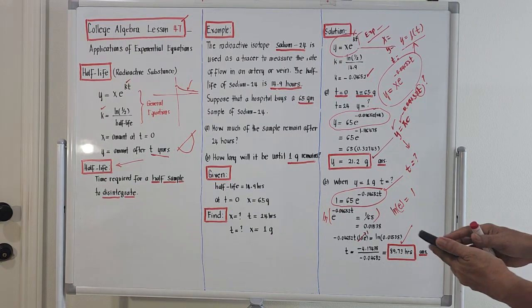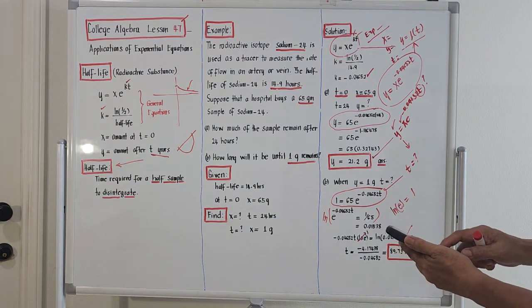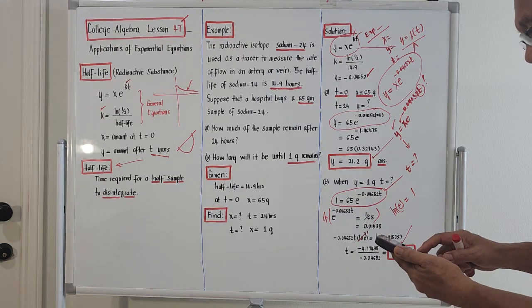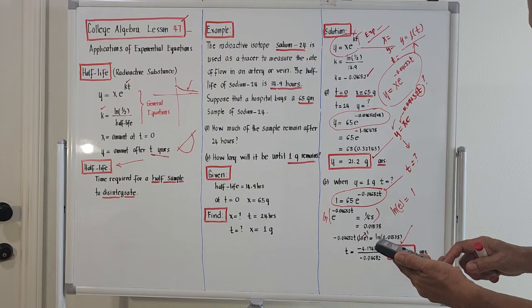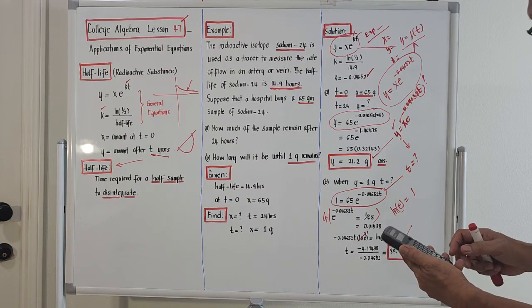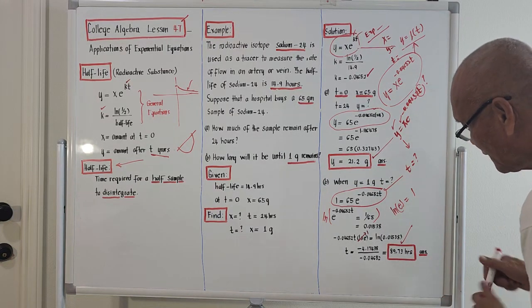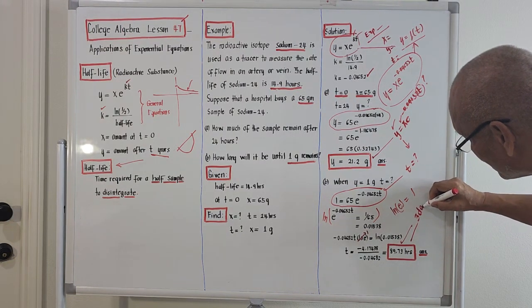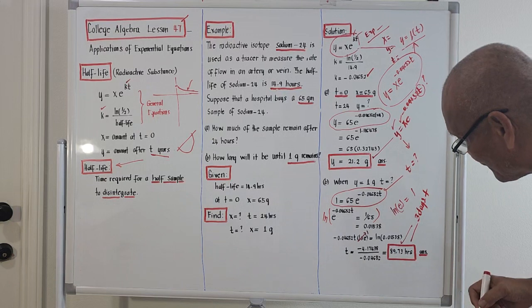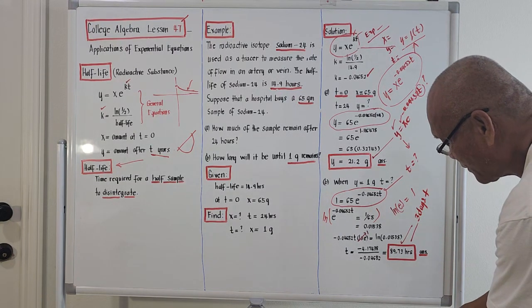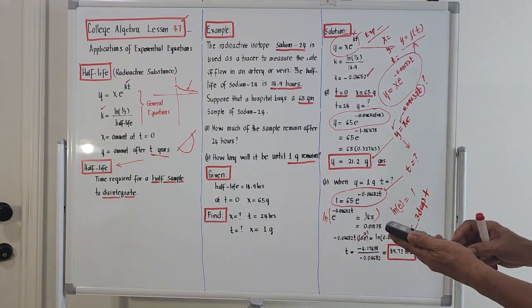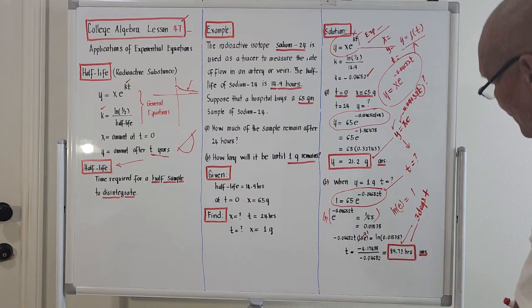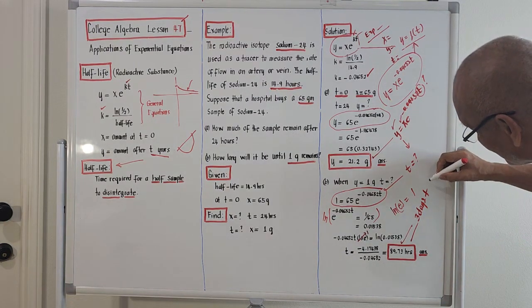If you divide 89.73 hours by 24, since 1 day is 24 hours, this will become 3 days plus 0.73 hours. Minus 3, times 24, equals 17.73 hours.